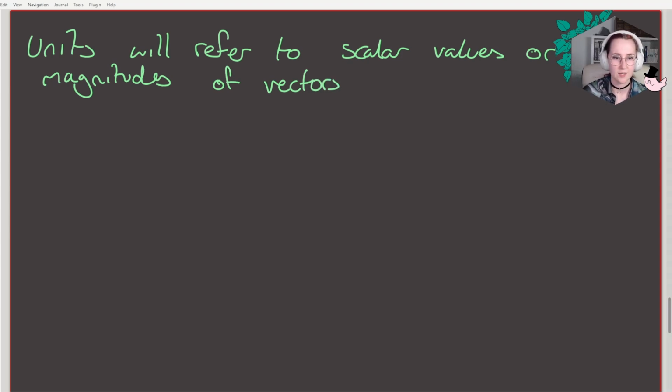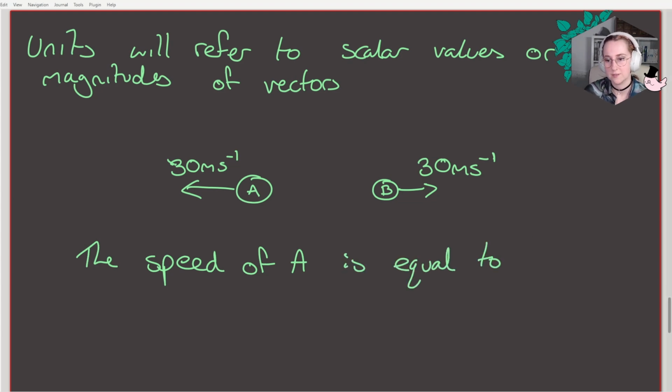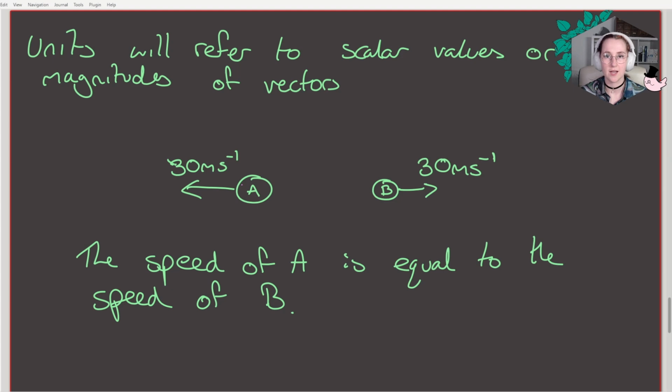For example, again, I have two cars that I'm going to draw as circles because I can, and this is going 30 meters per second in that direction, and that's going 30 meters per second that direction. Let's call that one A and that one B. Then the speed of A equals the speed of B.